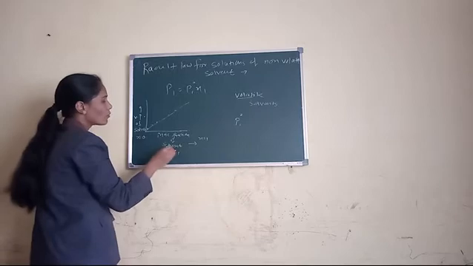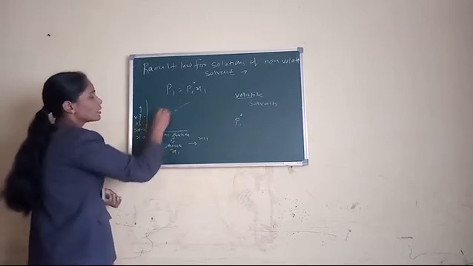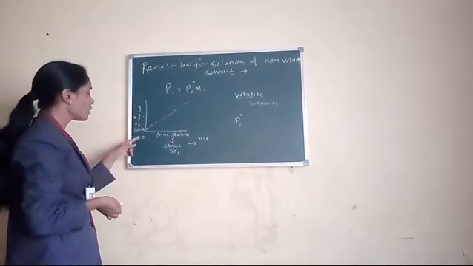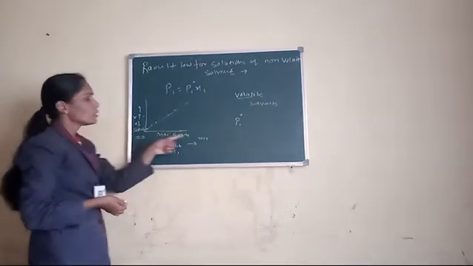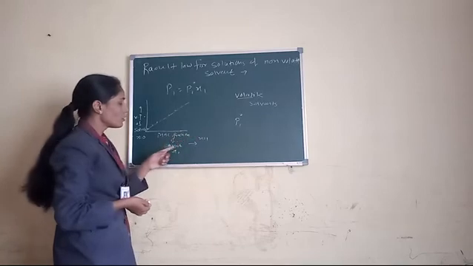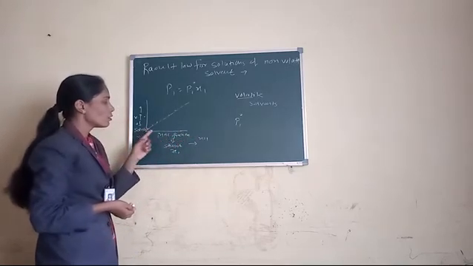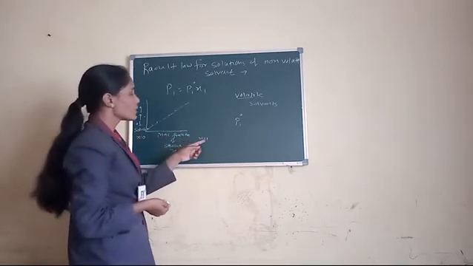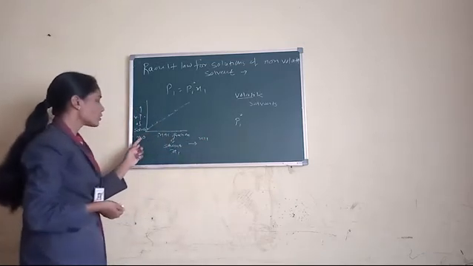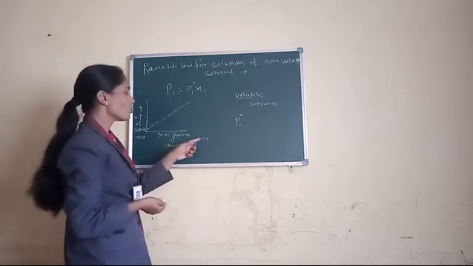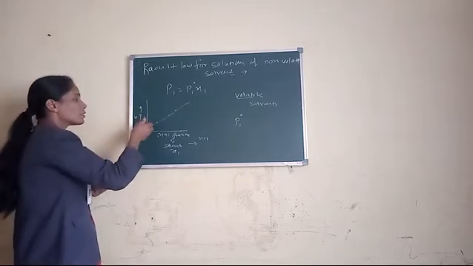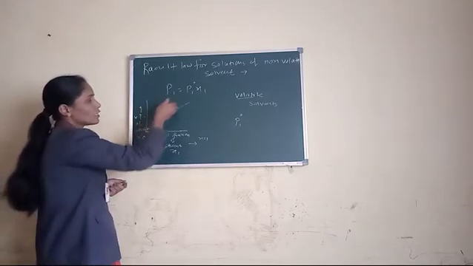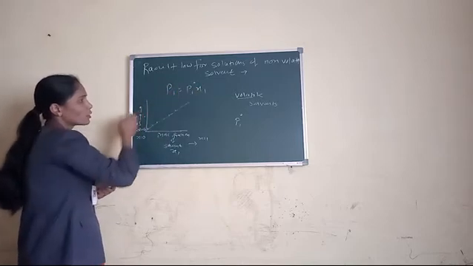Initially X1 is 0, then after addition of solvent X1 goes from 0 to 1, and the graph passes through the origin with increasing vapor pressure of the solvent.